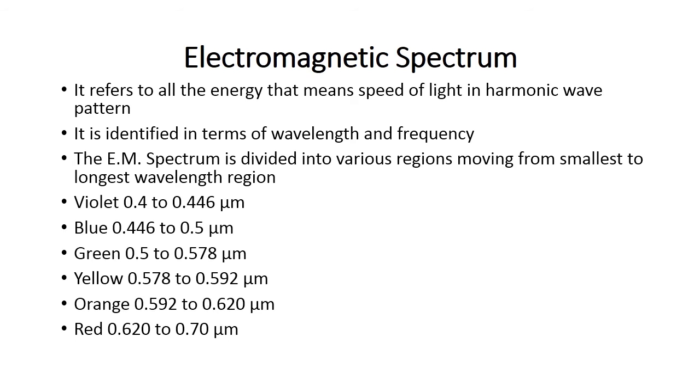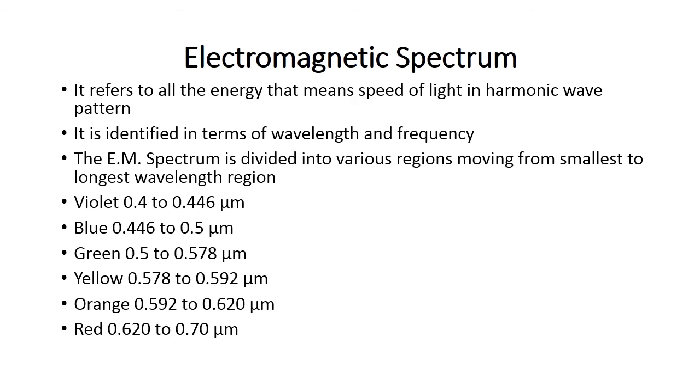As said, this is the only portion associated with color. VIBGYOR, that is violet, blue, green, yellow, orange, red, are the different colors which are scattered in this region.